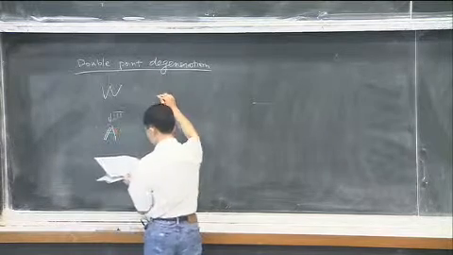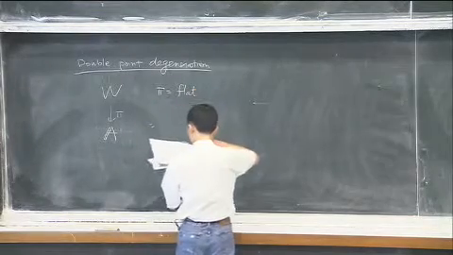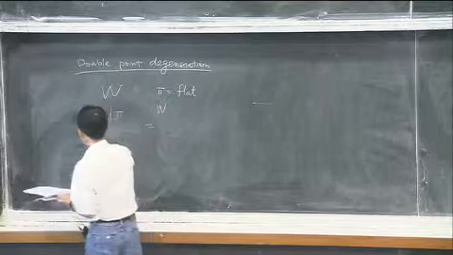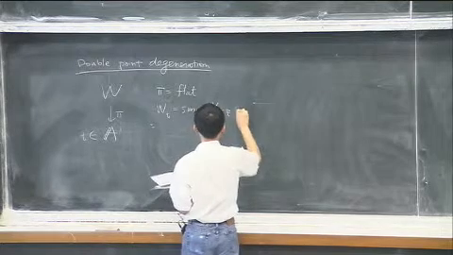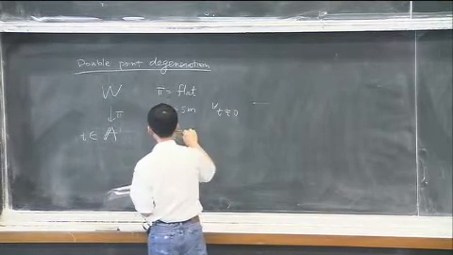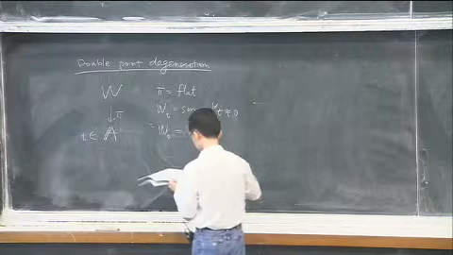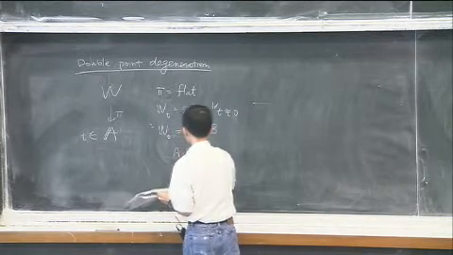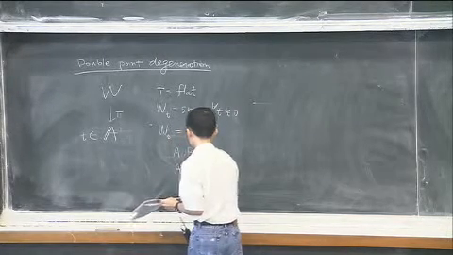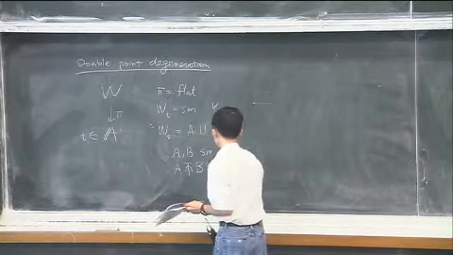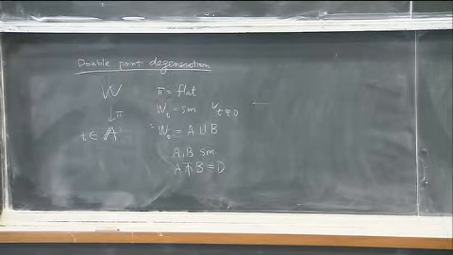A double point degeneration means that pi is flat, and I call the coordinate on T; W_t are all smooth for t not equal to 0, and W_0 I can write as A union B, where A, B are smooth and they intersect transversally in the divisor D. So that's called a double point degeneration.